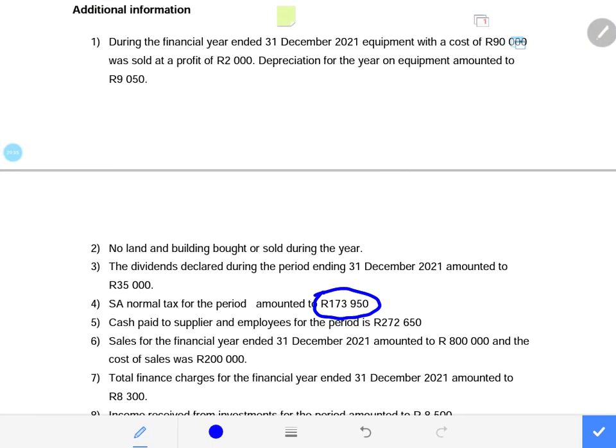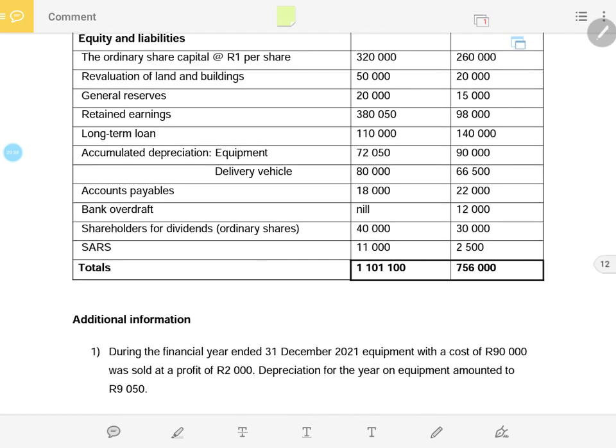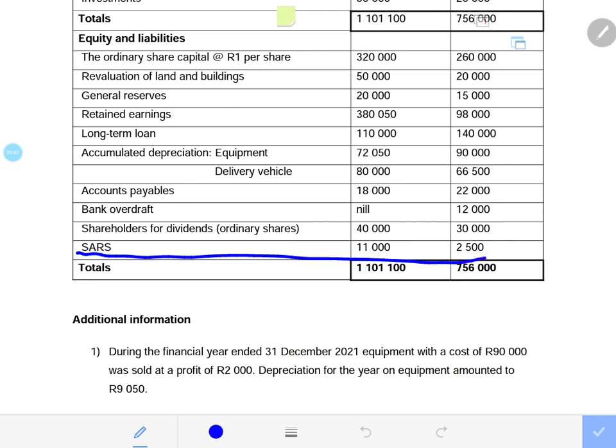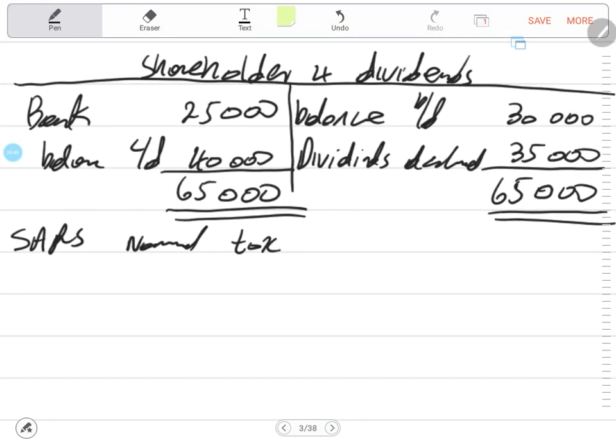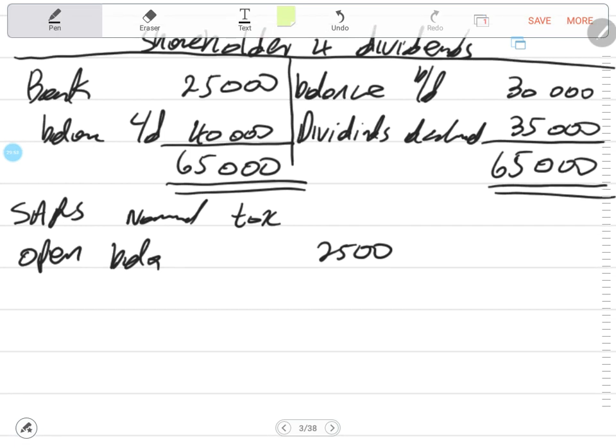Our SARS normal tax, opening balance 2,500. Remember, this opening balance was supposed to be on the credit side.